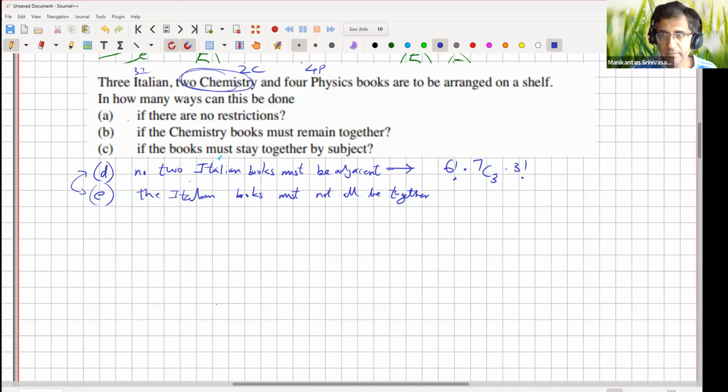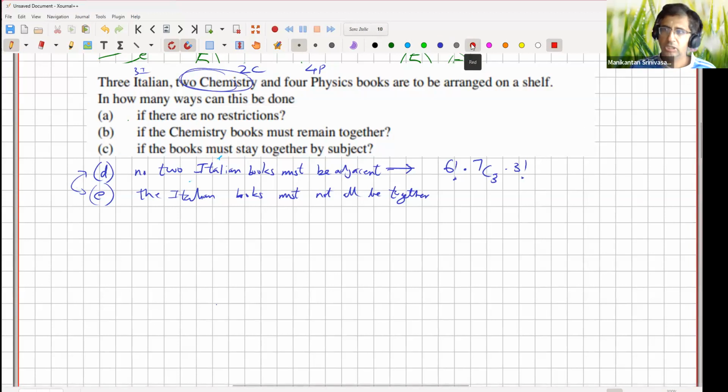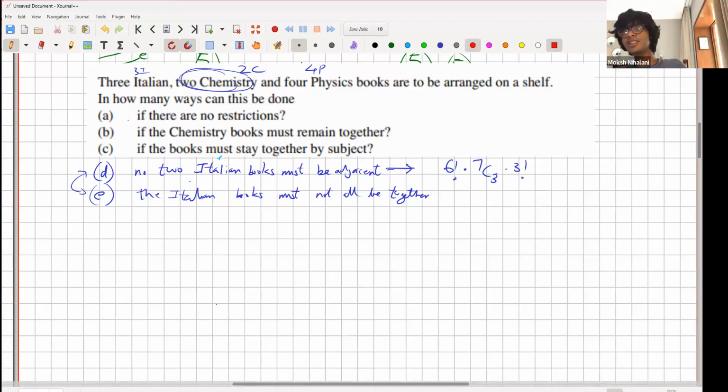Fine. Moksh, you have something? Yeah, so I can actually use one method that I tried for question B to get question E. If you take the case of no restrictions and subtract all the cases where all three are together, you get the answer for E. Perfect.